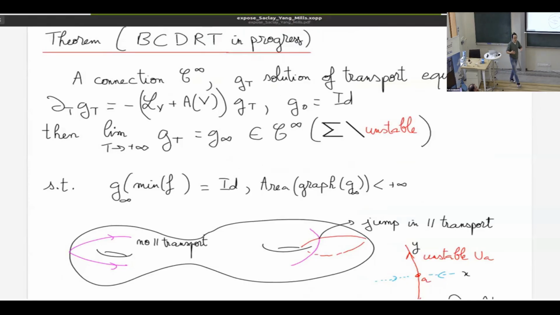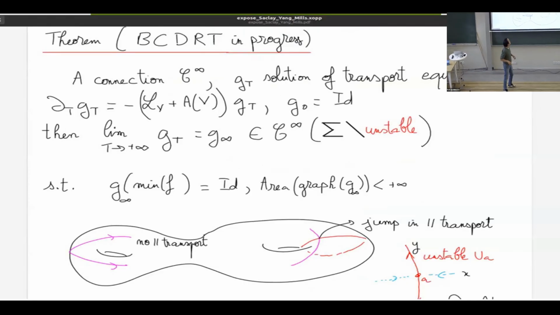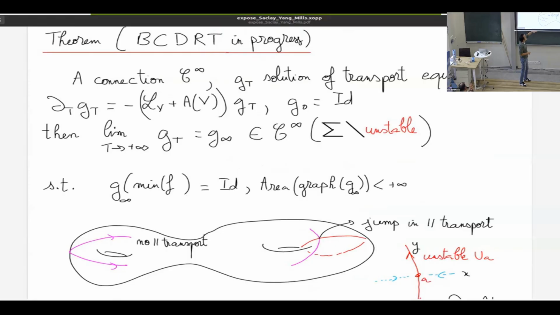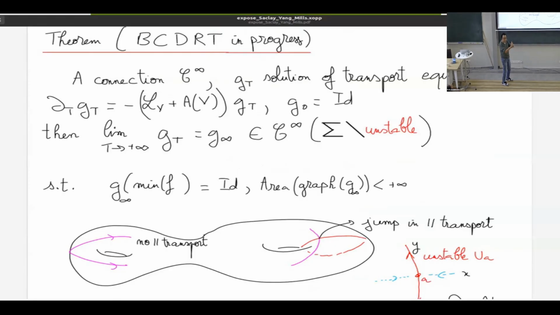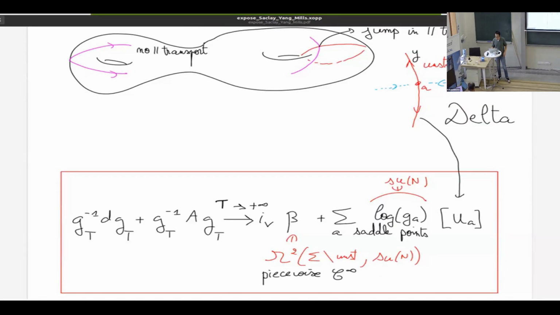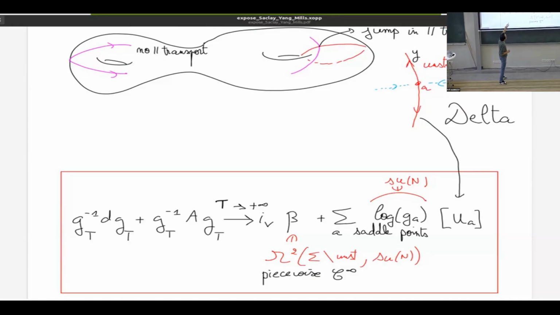This has nothing to do with quantum Yang-Mills. It's just classical Yang-Mills, okay? So if I'm given a smooth connection on the surface, and I solve a certain transport equation, don't worry about the transport equation. Just think about my frame, my blue frame in the previous slide, which is defined by parallel transporting along the integral curve. Then what we prove is that when you write your connection in this new frame, it is written as a certain one form.